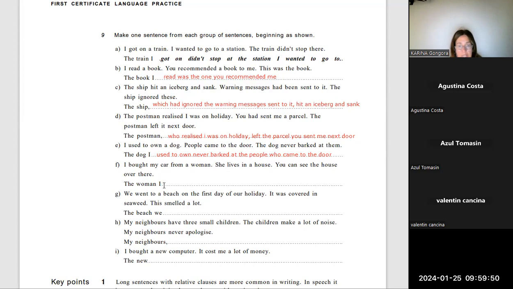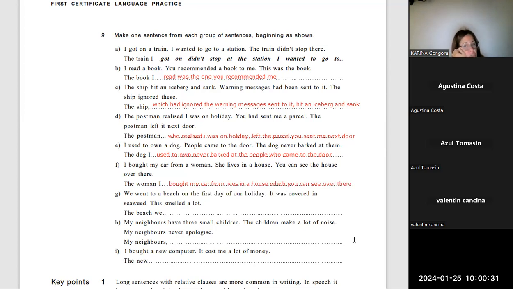The woman I bought my car from lives in a house which you can see over there. Very good.